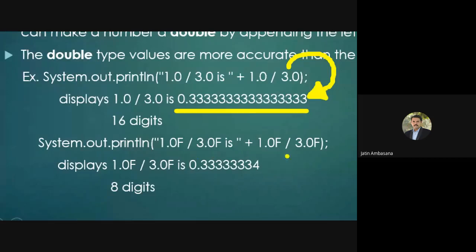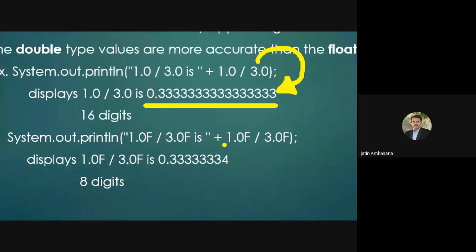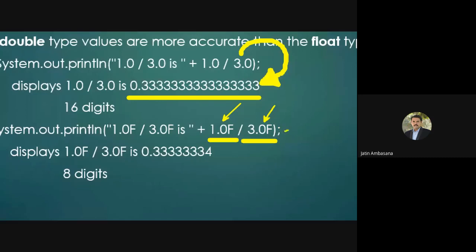Similarly, if you want to make it a float division, then you simply say 1.0f divided by 3.0f. You have to attach f at both the places. Why at both the places? Because if you don't attach f at any one place, then it will become a double value, and then the whole operation will again result into a double result.